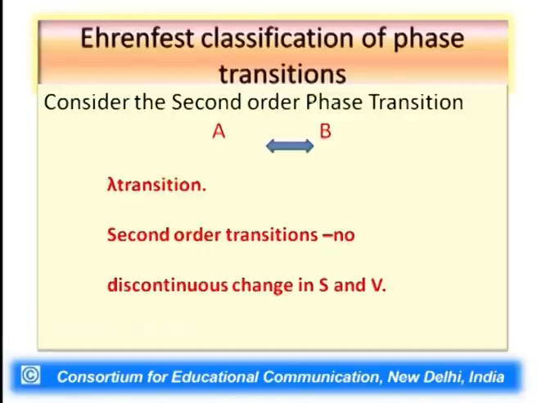Whenever such second order phase transitions occur, they are not accompanied by change in volume, or by change in enthalpy, or entropy. But the second order differential of chemical potential is a discontinuous function then.